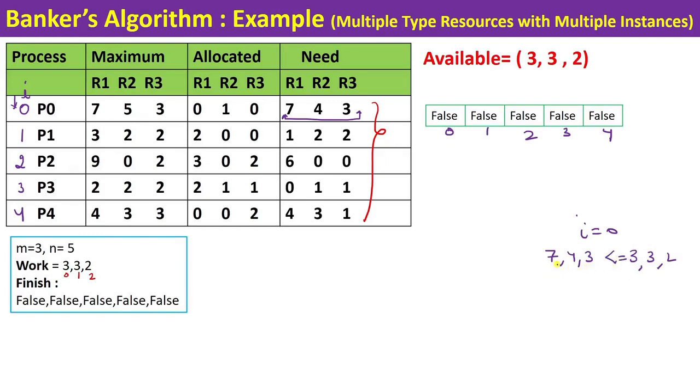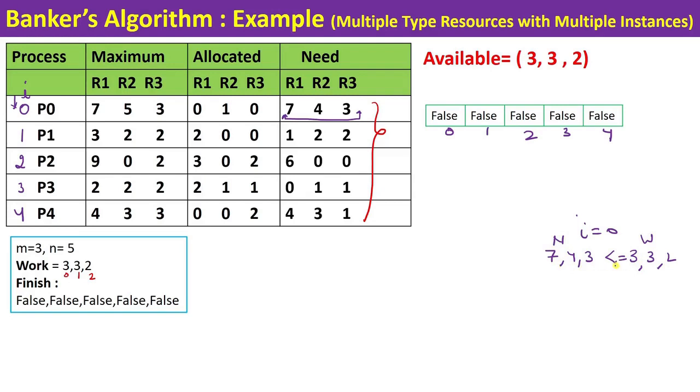Just see it carefully. It means 7 should be less than 3, 4 should be less than 3, and 3 should be less than 2. If we have this fulfilled, then we will proceed forward, otherwise not. Here it is asking for 7 printers, but we have 3 printers available. This is work and this is need.